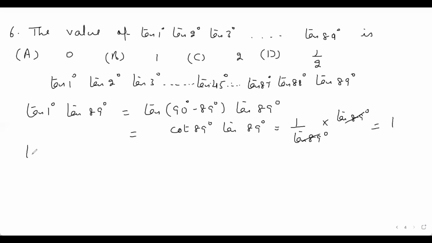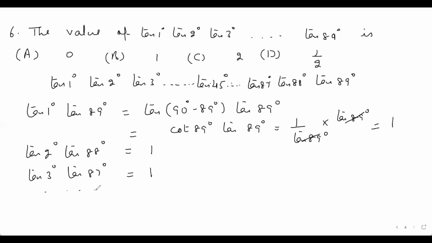So if we take tan 2 degree and then we take tan 88 degree, if we simplify it, it will again come out to be 1. Similarly, tan 3 degree, tan 87 degree, if we combine these two, it will come out to be 1.